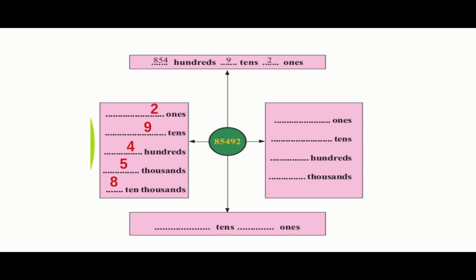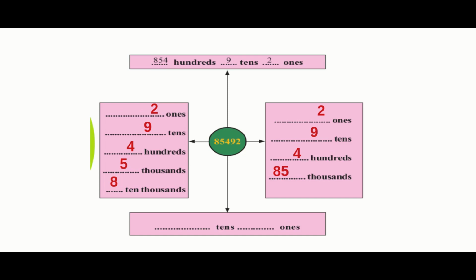These are the different ways that we can write 85,492. And on the right side, again look at the box at the bottom: thousands. 5 is in the thousands place, so 85 thousands. 4 is in the hundreds place, so 4 hundreds, and 9 tens and 2 ones.